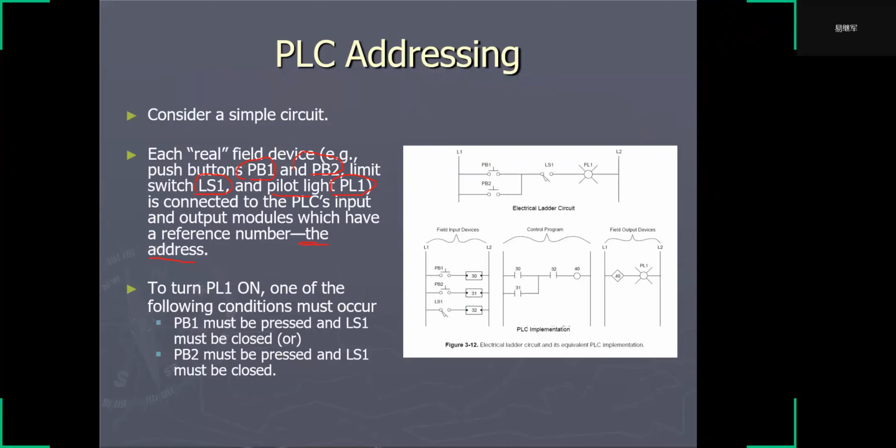To turn PL1 on, one of the following conditions must occur: PB1 must be pressed and LS1 must be closed or on; or PB2 must be pressed and LS1 must be closed. This is the condition for the PL1.